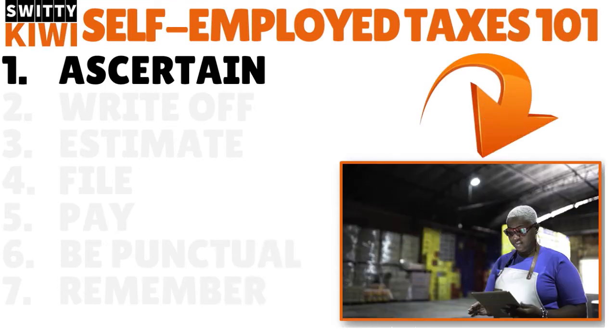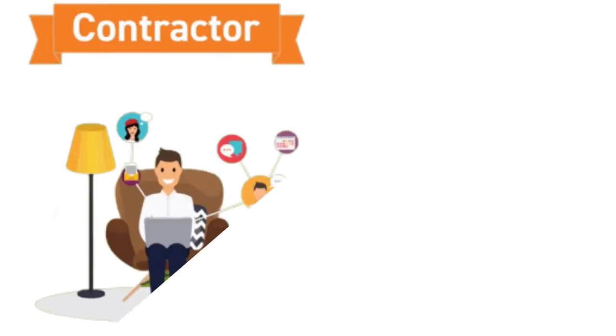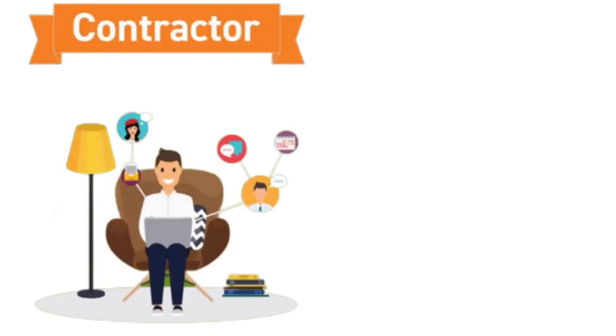Number one, you want to ascertain. So what does that mean? You have to make sure that you indeed qualify as an independent contractor in the eyes of the IRS. The IRS has a specific definition for what an independent contractor is and is not. So what is it? An independent contractor is a self-employed person or a small business owner who performs services for another person or entity.